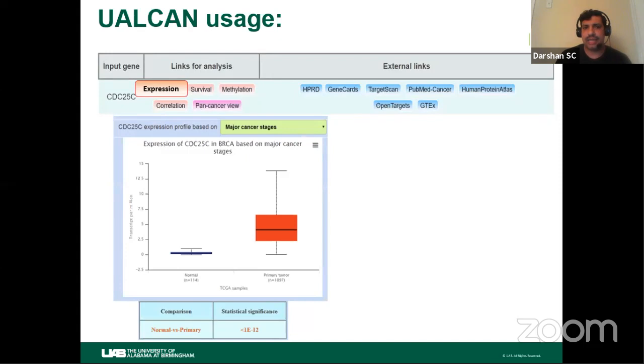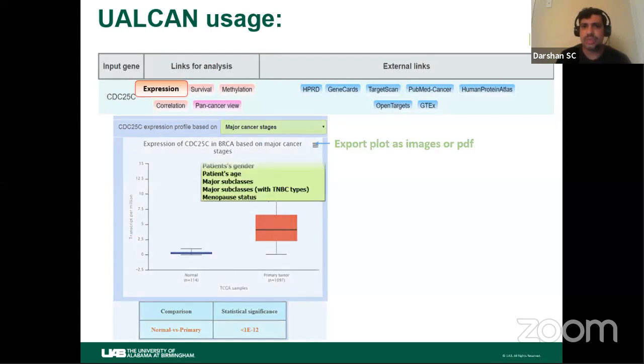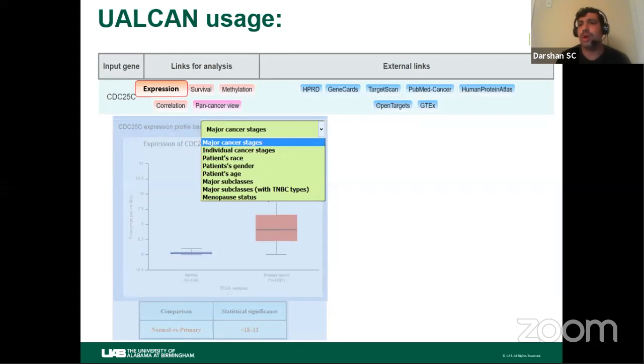As I mentioned earlier, we were more interested in tumor subgroups. Any plot that I am showing during this presentation can be downloaded as a publication quality image or a PDF from the website. The user can click on that button and download the information. In addition to the overall expression of tumor versus normal, we provide the tumor subgroup information.